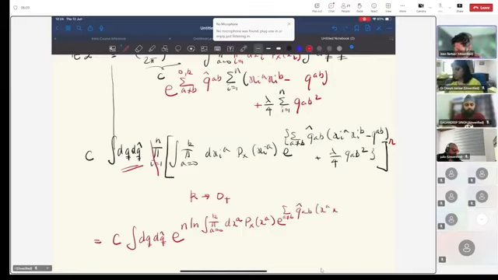xa, xb minus Qab plus lambda over 4 Qab squared. Okay, and all this is in the big exponential there.